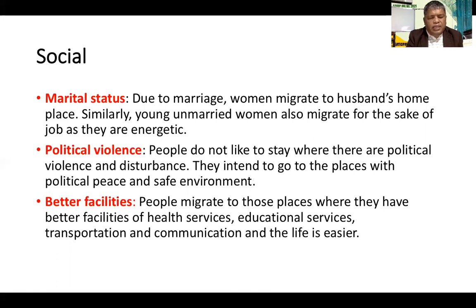Another is political violence. People do not like to stay where there are political violence and disturbance. They intend to go to places with political peace and a safe environment. Another is better facilities. People migrate to those places where they have better health services, educational services, transportation, and communication. Life is easier.